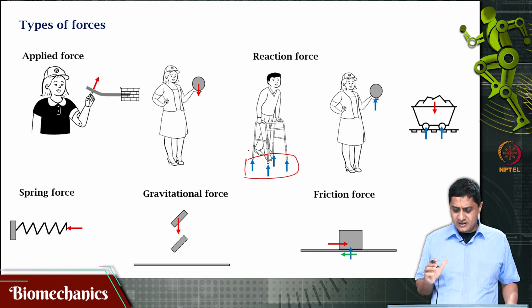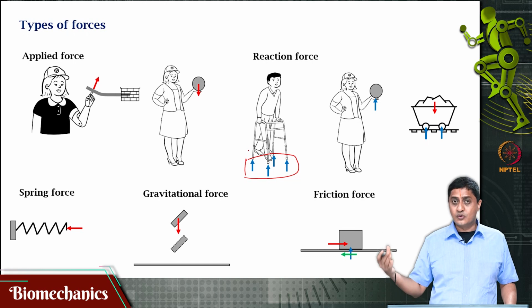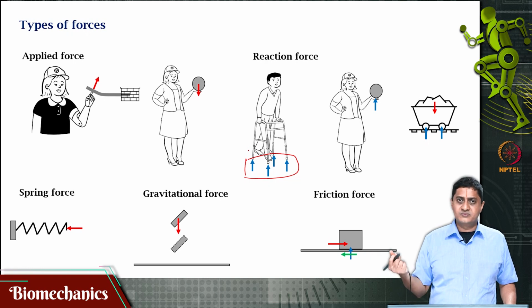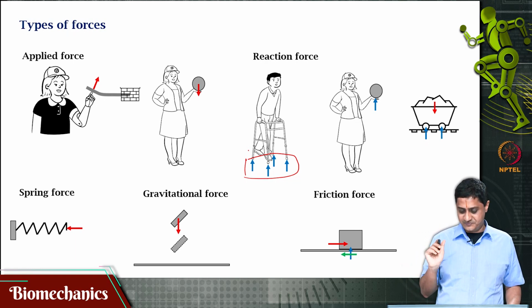Because I know that this walker is not accelerating downward, I know that the ground or the floor is applying an equal and opposite force on the walker. This is why the walker is in static equilibrium.